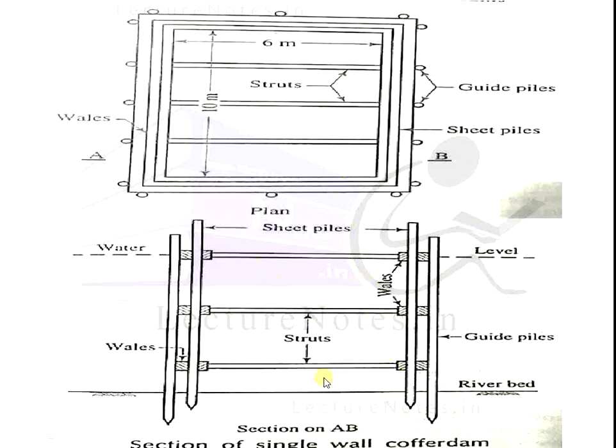In section AB, we see this is the water level. With the help of the wales, the struts are supported, and this is the guide piles. This is the river bed, with a maximum depth of 25 meters.